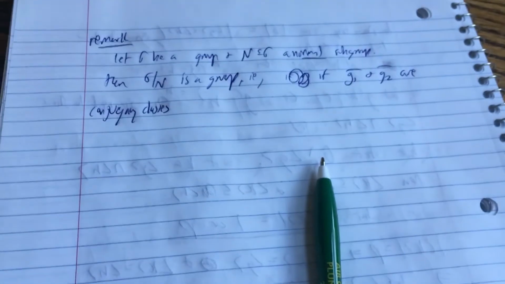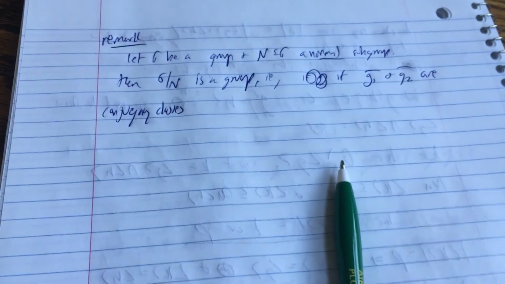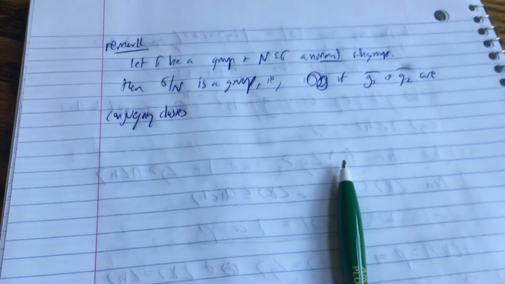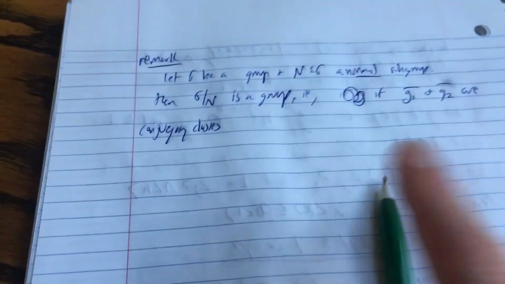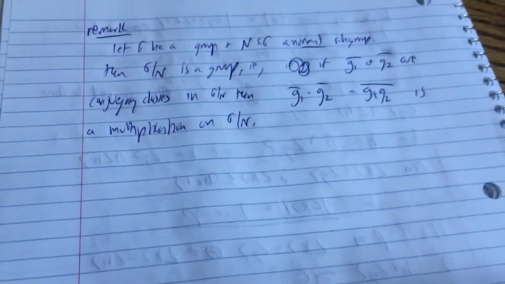Right, so in other words, what is G mod N? It's a set of conjugacy classes of G under, I guess it doesn't matter, left multiplication by N. So if G1 bar and G2 bar are conjugacy classes in G mod N, then this binary operation, G1 bar times G2 bar is G1 G2 bar, is a multiplication on G mod N. Right?